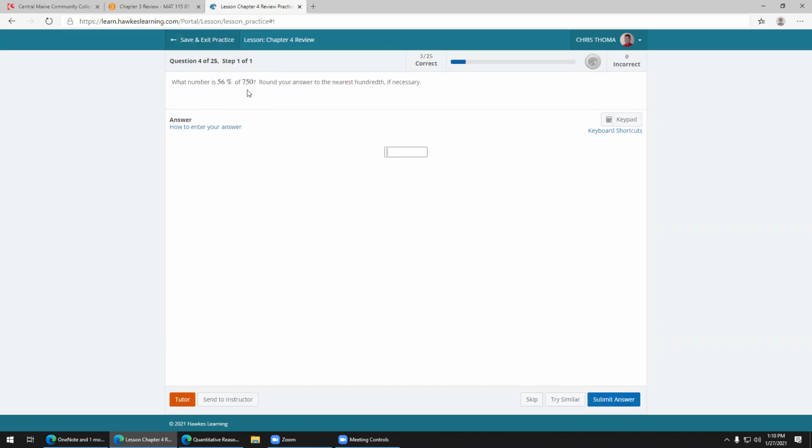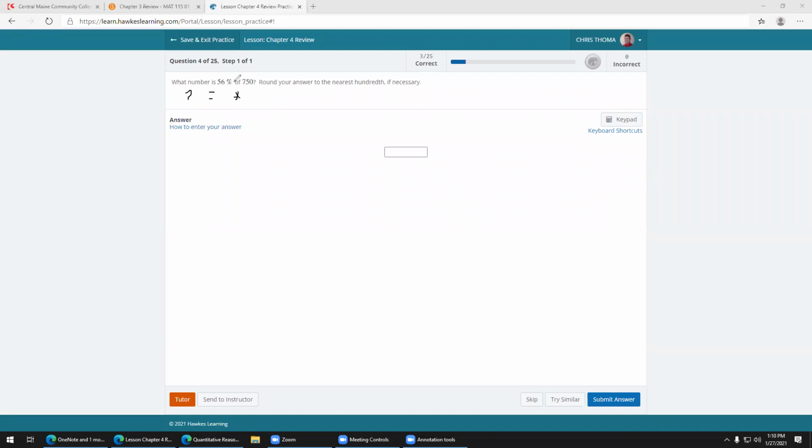What number is 56% of 750? There's quite a few different ways to do this problem. As much as I say I don't like words, use the words here. So is means equals. Of is to multiply, right? So what number, that's a question, so a question mark, is 56%.